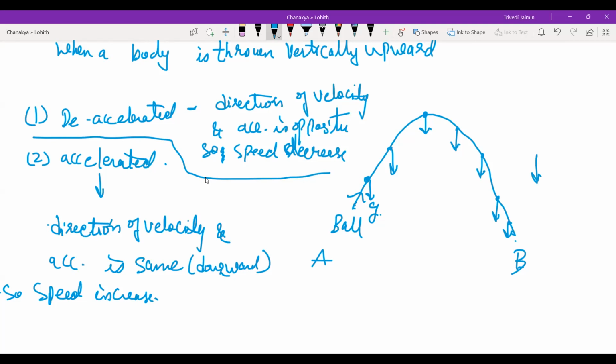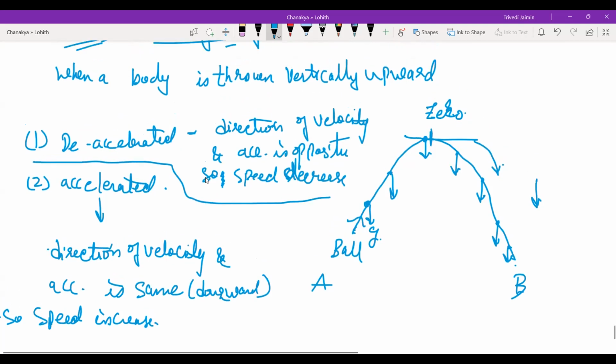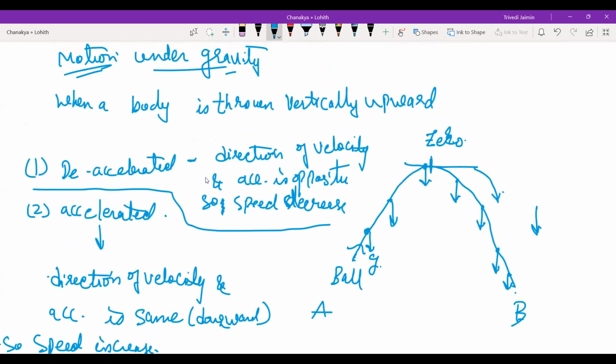So at some point, it will be maximum. Yes. So when will it be minimum? At the top. At the peak, it will be minimum, or let's say 0. Then it will start accelerating in the opposite direction. Right? Okay. Any doubt in this accelerating, decelerating motion?